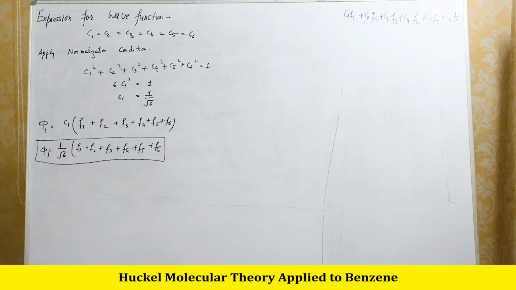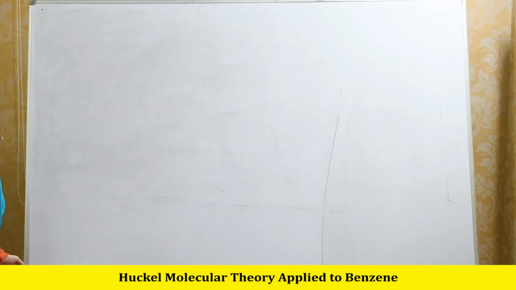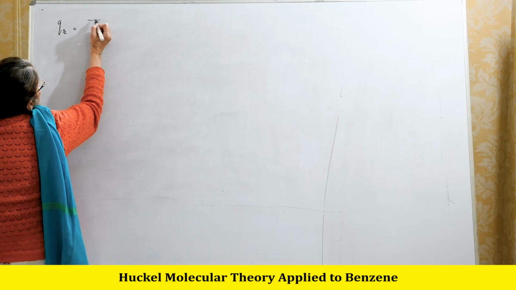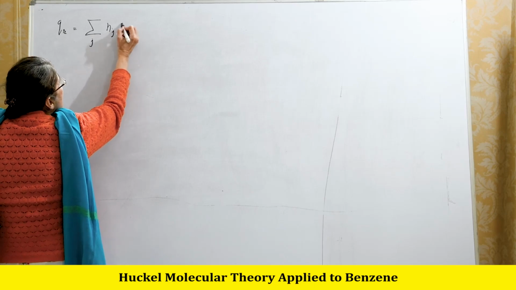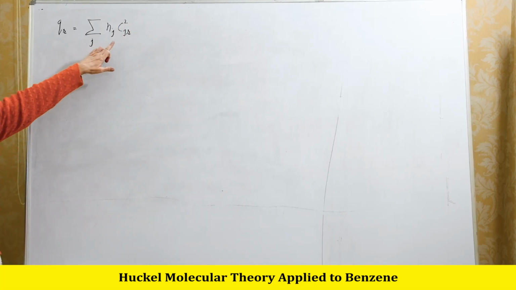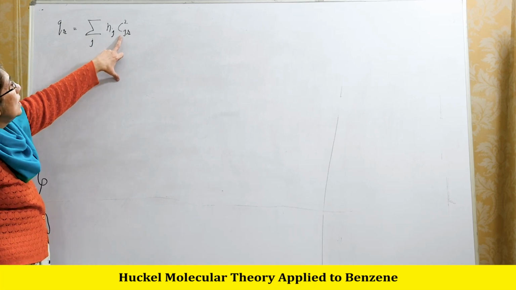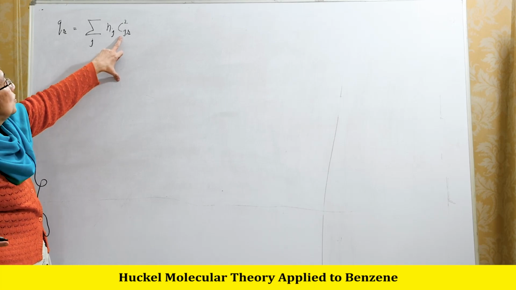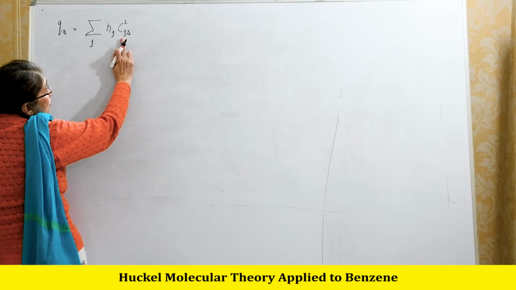Now next is charge density. I will calculate for the same molecular orbital. So charge can be calculated as Qr is equal to summation over j of nj Cjr square, because Cjr square defines the distribution of charge, or the contribution of the rth carbon atom to this j.